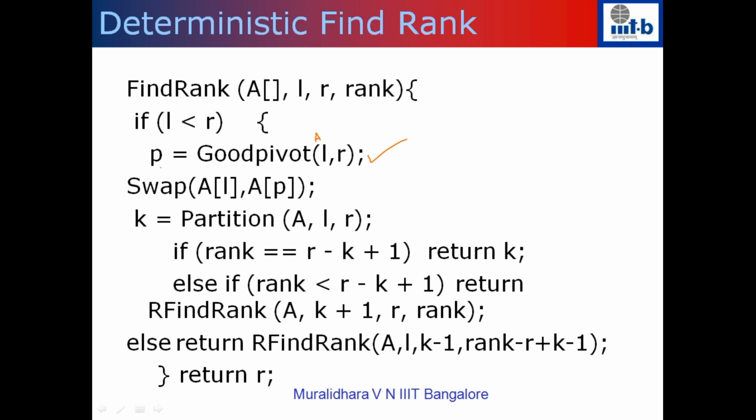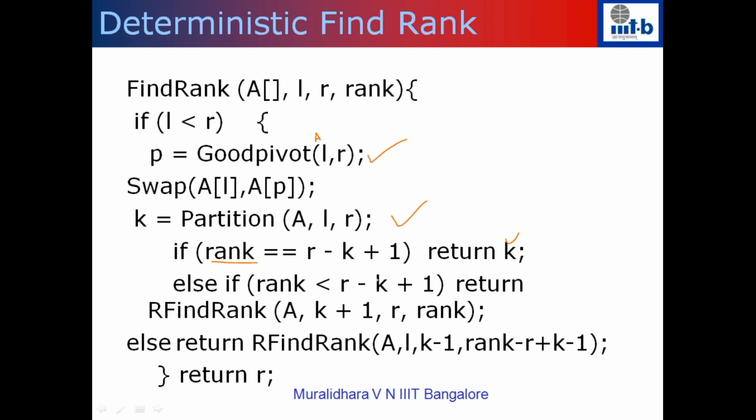Such that this will be a good pivot. That means that the rank of this pivot will be between n by 4 and 3n by 4. After that, the entire algorithm is the same as what we have seen earlier. You partition it, the rank of the pivot will be exactly equal to R minus k plus 1. If the rank that we are looking for is equal to the rank of the pivot, then you return it.